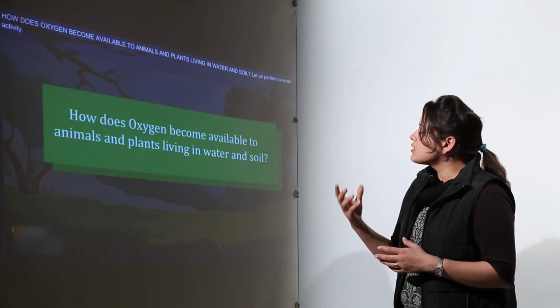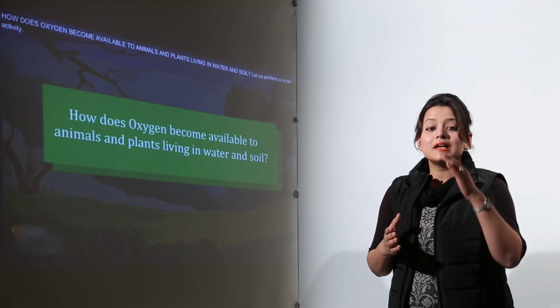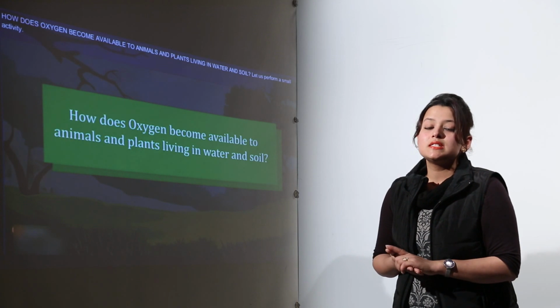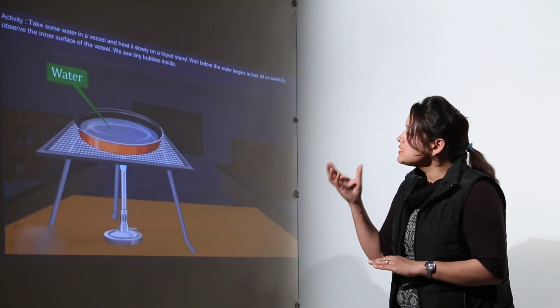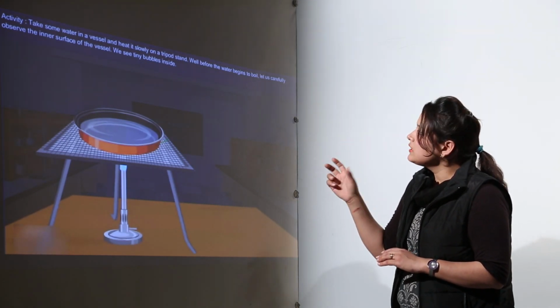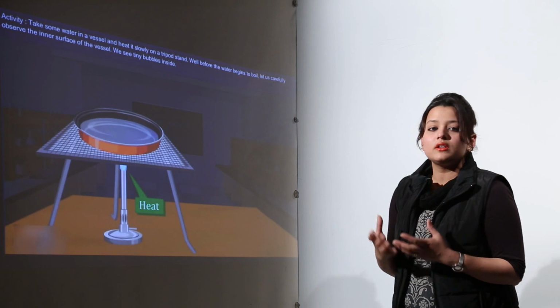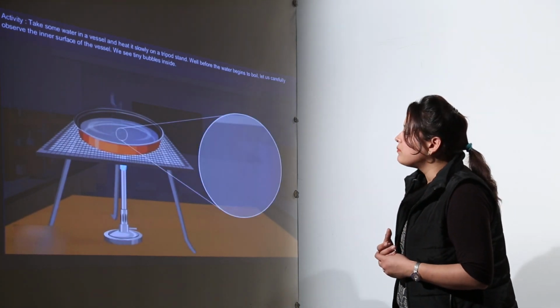Now we will look at oxygen availability to animals and plants that live in the water. We will do that with the help of an activity. Here we have taken water in this vessel and we are heating it on a tripod stand.